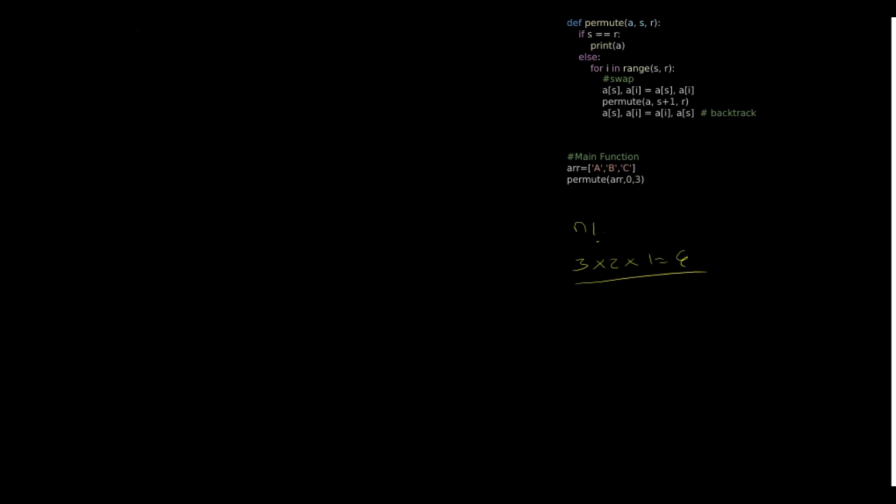Let's quickly go through the walkthrough. I'm not going to write permute as the function name; I'm going to use P to keep it really short. This is the array we're going to use.